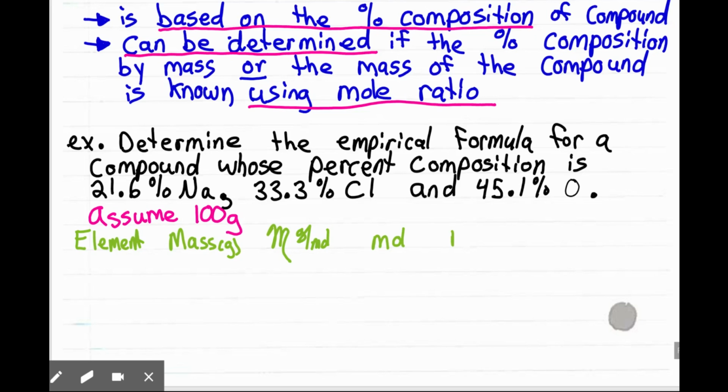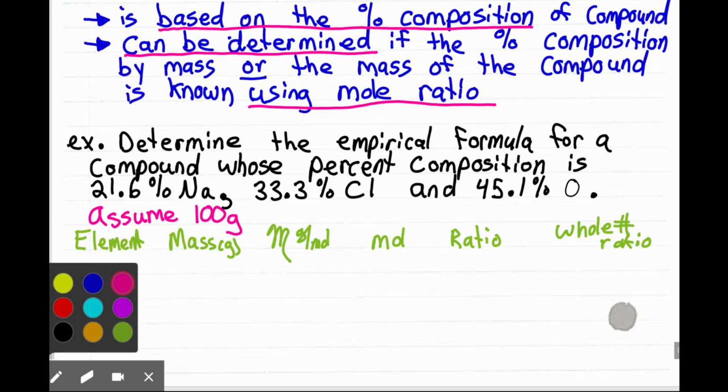I'm going to put ratio here. And then my last column, I'm going to write whole number ratio. Sometimes we don't even use this column. The neat part about solving these problems for empirical formula is that if you just remember how to set up this table and then fill it all in, you're going to be able to solve the problem.